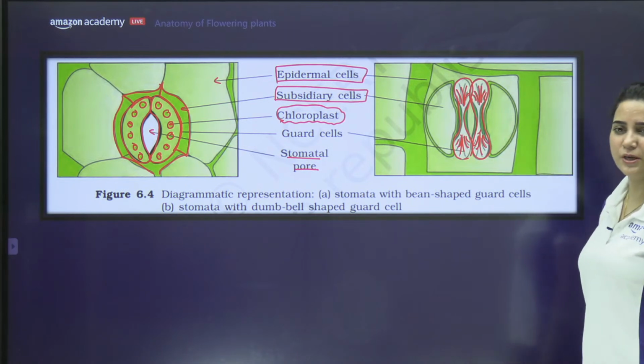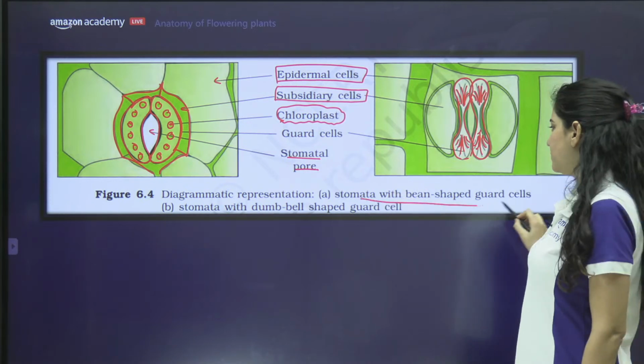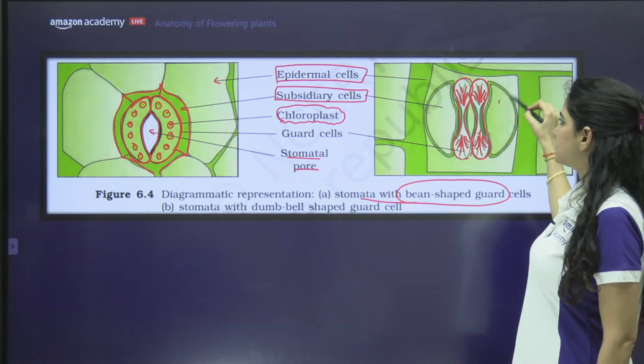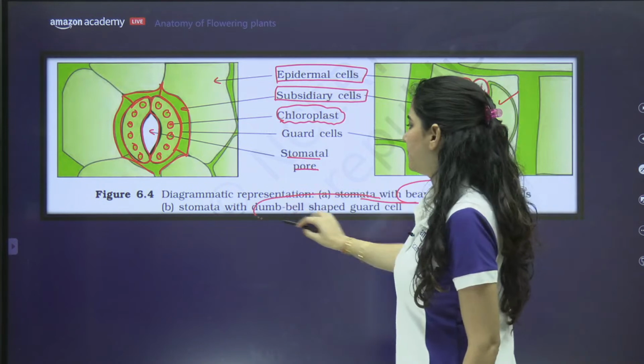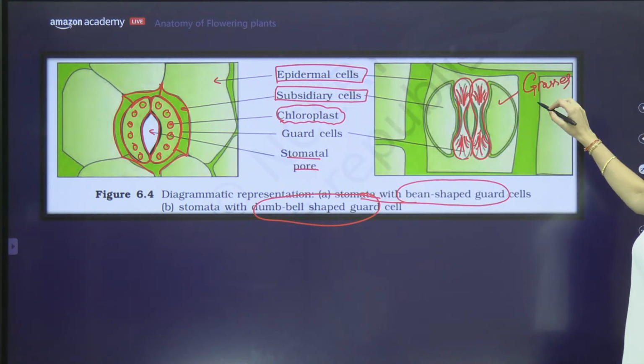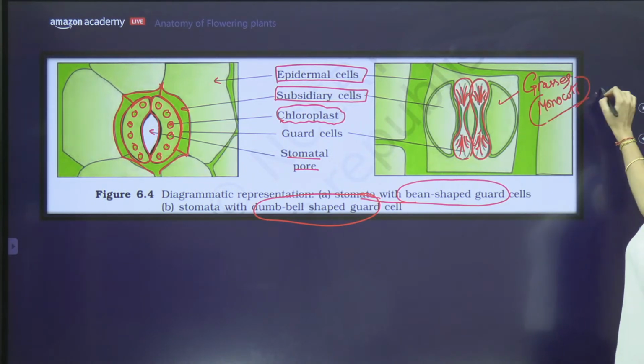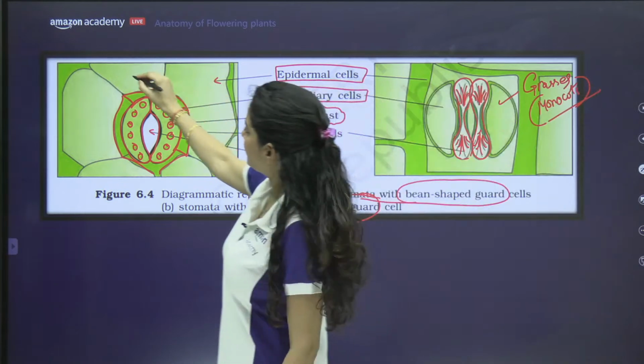This is the dumbbell shape. This number one was stomata with bean-shaped guard cell, and this one being your dumbbell shape. This is in the case of grasses. Grasses bolo, monocots bolo, basically monocots. And this is basically in case of dicots.